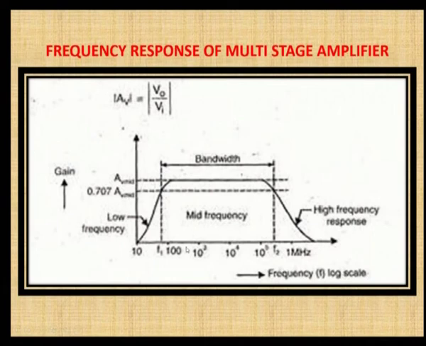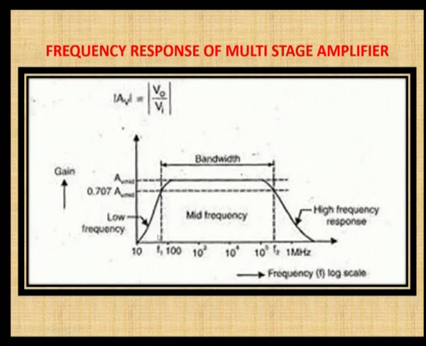To summarize this frequency response, in the mid-band the gain is A, and at the lower cutoff frequency the gain is 0.707 of the maximum gain. Here also after this cutoff the gain is reduced, and at the higher cutoff frequency, the gain is 0.707 of the maximum value, and this is nothing but the 3 dB value.